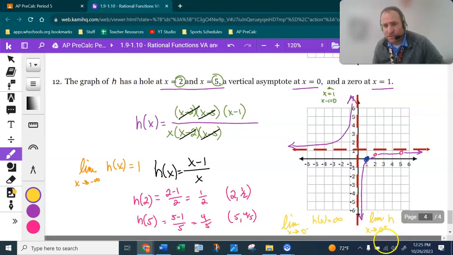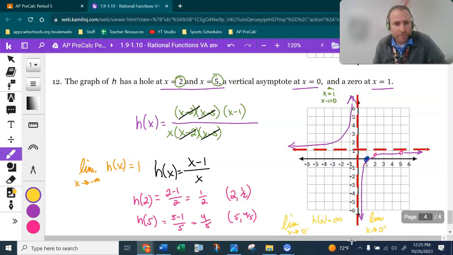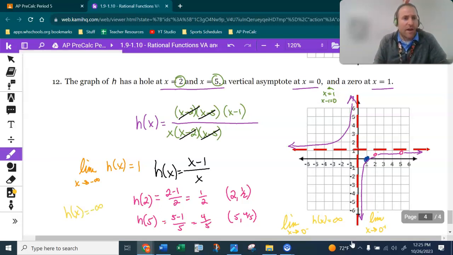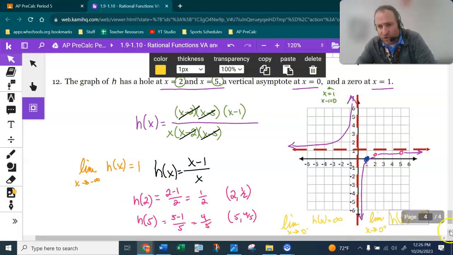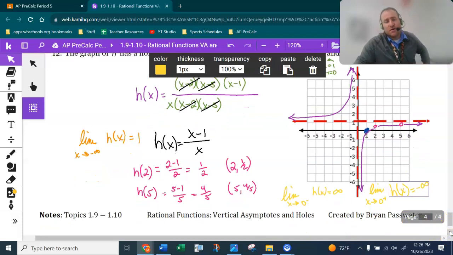I don't know if I can squeeze this in. No, it won't let me. I will write it over here. It goes down to negative infinity, and now we have satisfied everything that I was hoping to do.